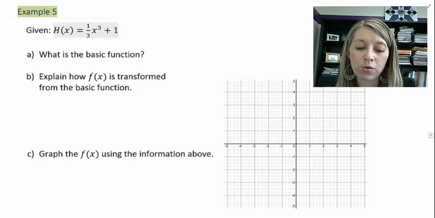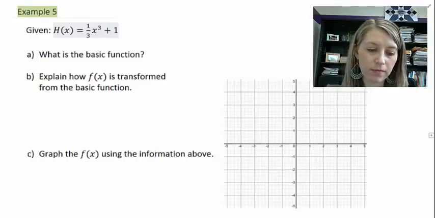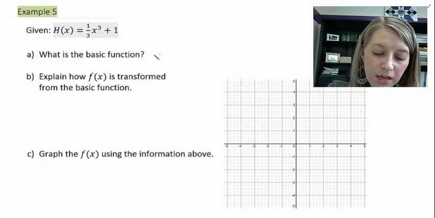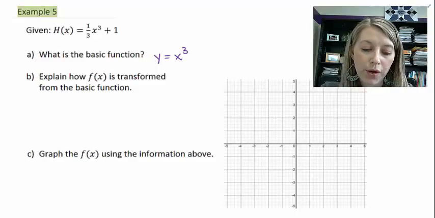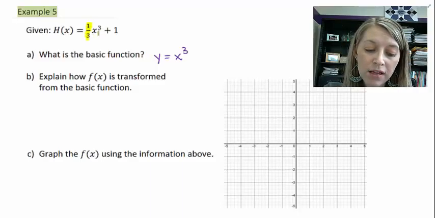h(x) is equal to 1/3 x cubed plus 1. Pause the video, work it on your own. Okay, so my basic function is x cubed. Transformation. Everything is on the outside because I don't have anything inside the cube function.